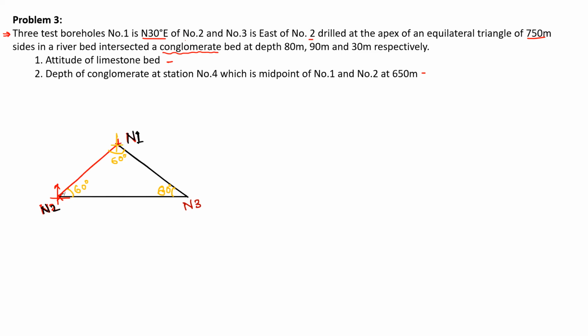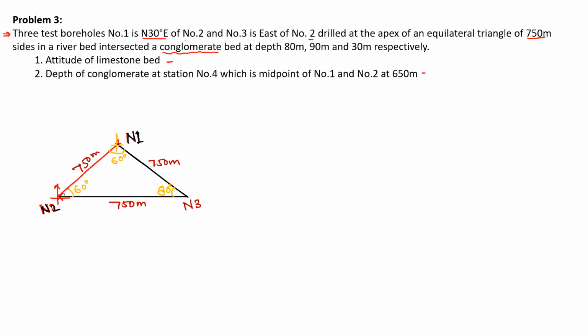Fine. So let's see what are the angles they have given. They said 750 meter sides, equal sides. This is 750 meters, and this is again 750 meters. And they said the depths as 80, 90, and 30.